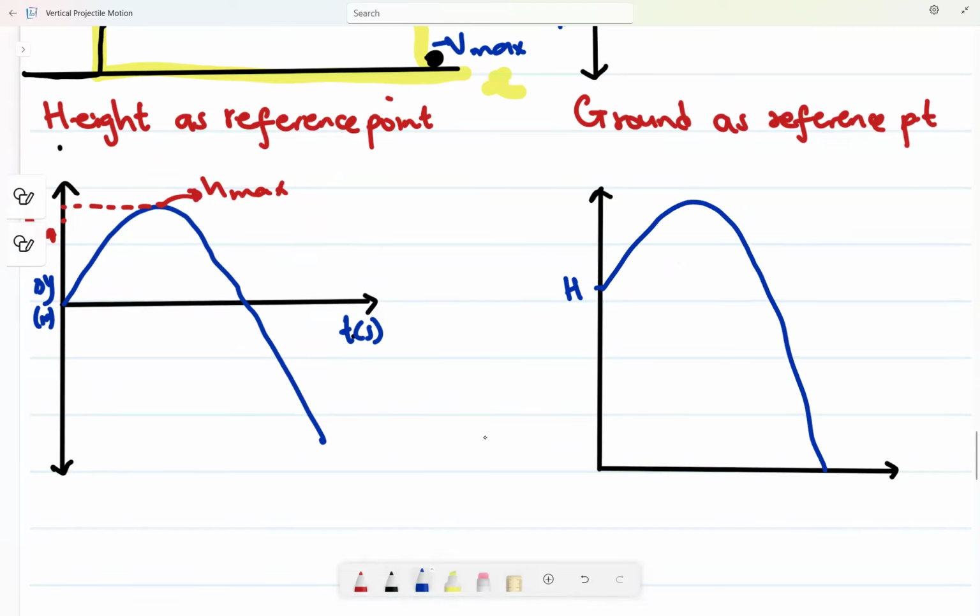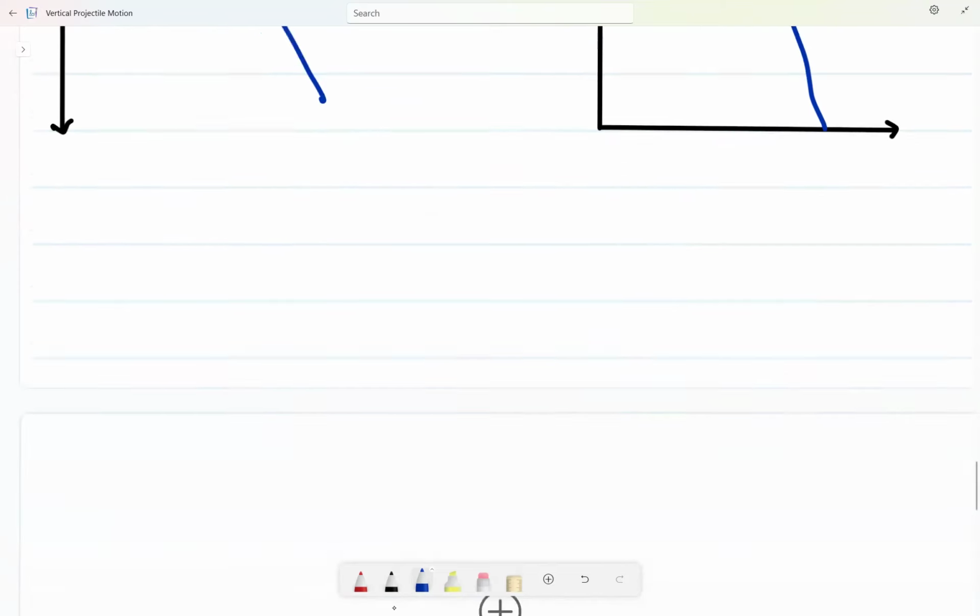Went to the ground. This is exactly the same graph. What differs is the position of the reference point. The reference point is the one that is giving us problems now. Okay? Yes. It is exactly that. I want you to understand the reference point part.